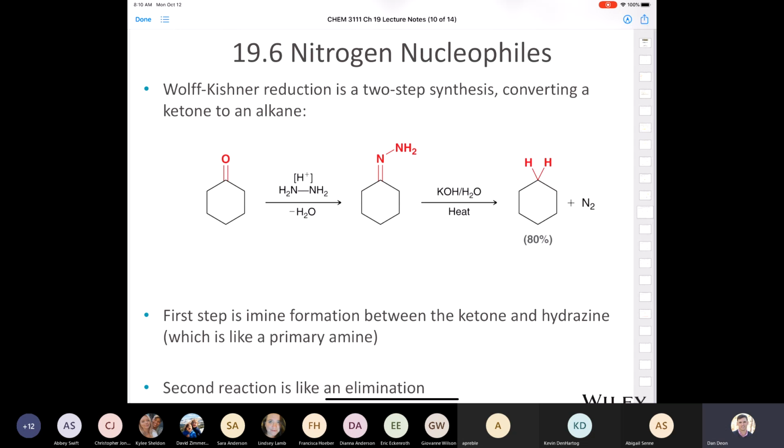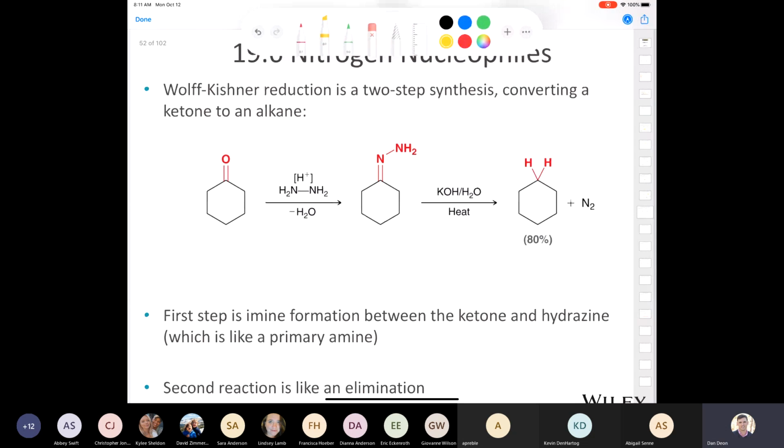And the Wolff-Kishner reaction involves the treatment of our ketone with this molecule right here. So I'll highlight it for you. This molecule here, NH2, NH2, this is called hydrazine. So when we take our aldehyde or ketone, we treat it with hydrazine and a catalytic amount of acid, remove water.